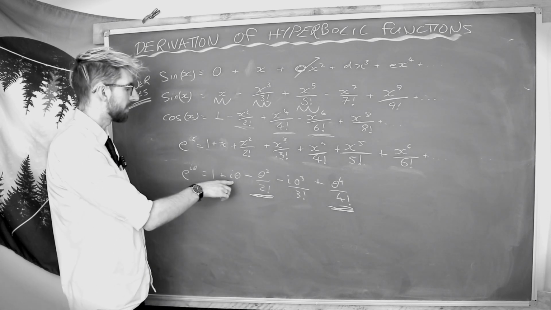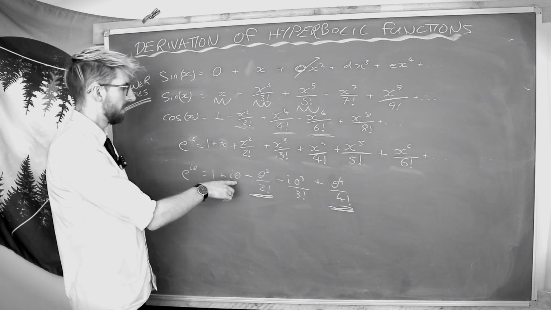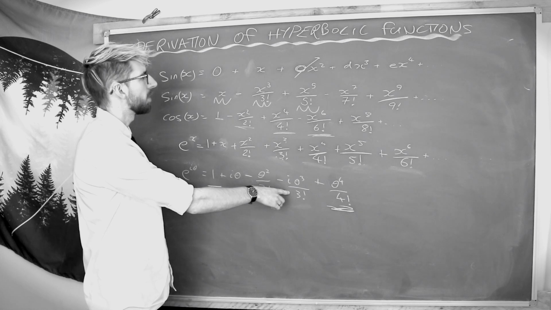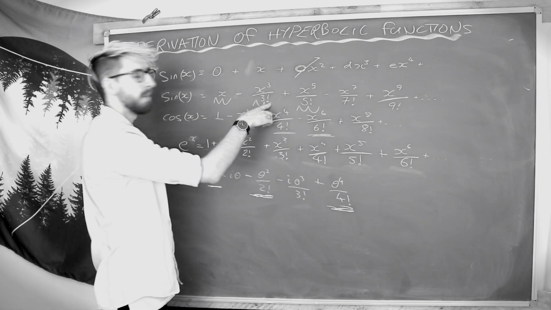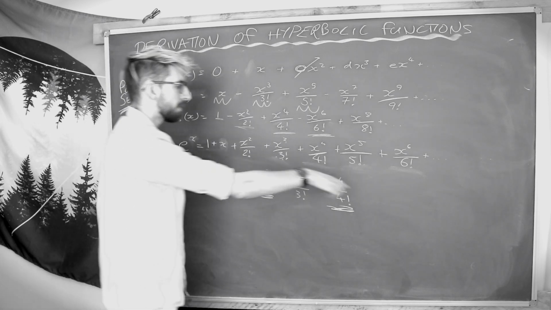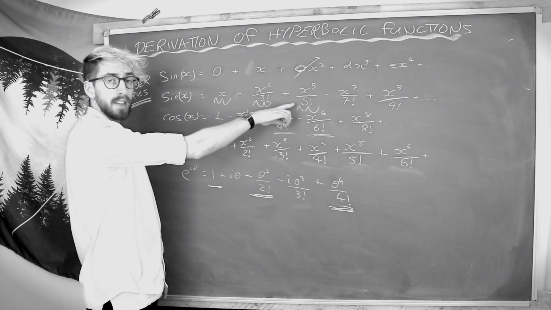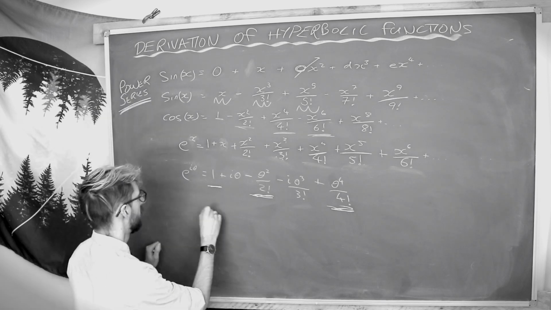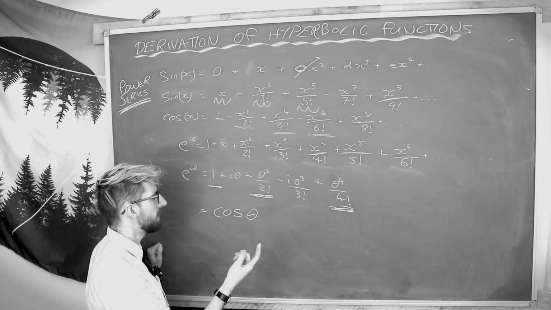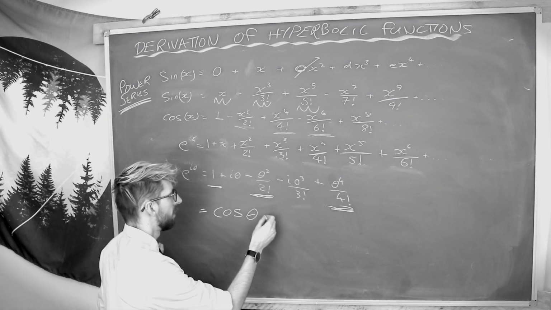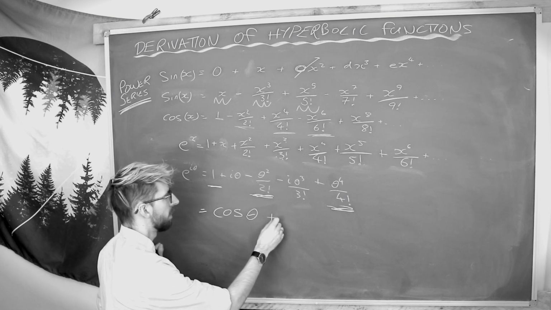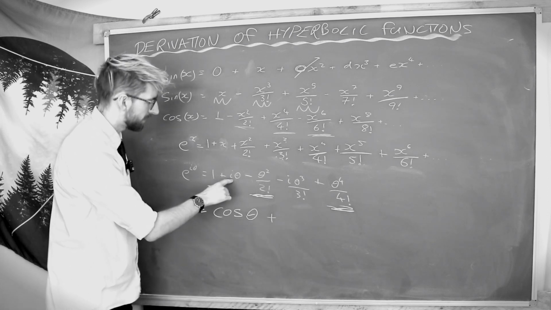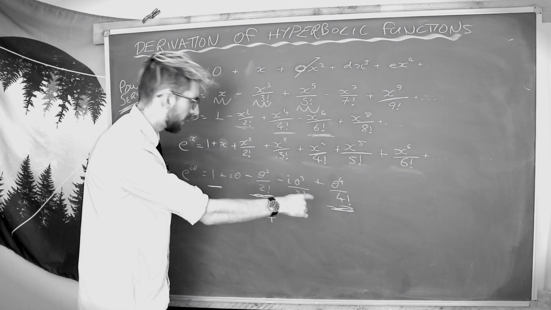But then we look at these ones, i theta minus the cubed bit. Whoa, we had a minus the cubed bit here. Then the next one would be a plus, and that's a plus there. So what we'll realise if we paired all this up is it's just cosine of theta plus, well, it is the sine one, but it's i times every term in the sine one.